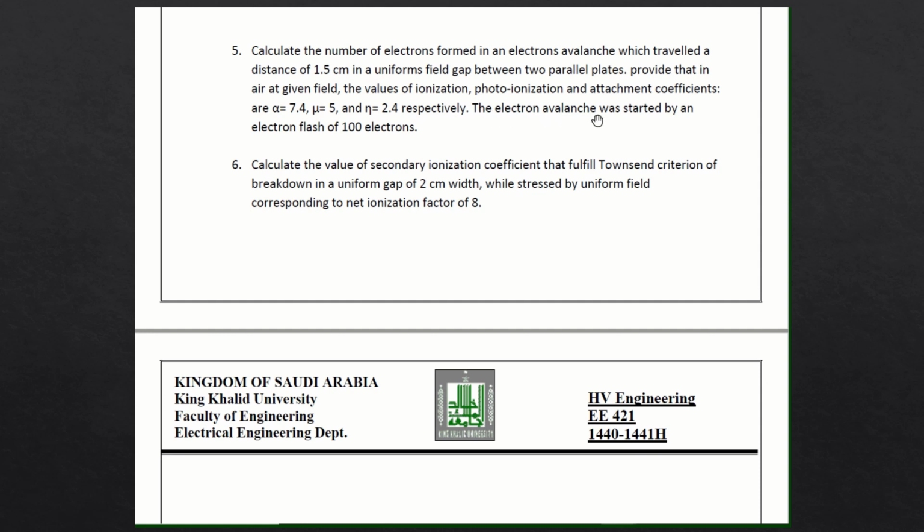The electron avalanche was started by an electron flash of 100 electrons. So let's move on to the answer sheet to see how we can calculate the number of electrons formed.